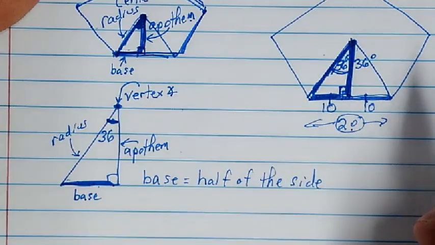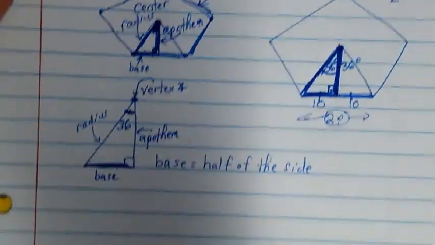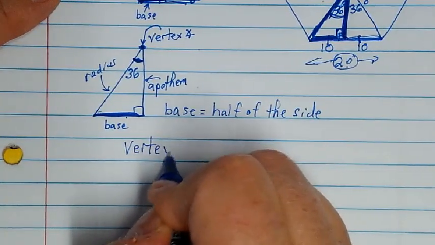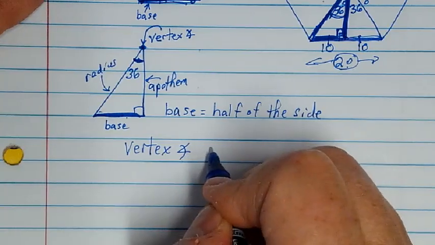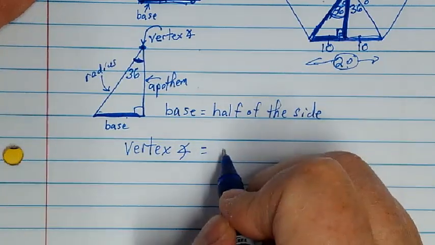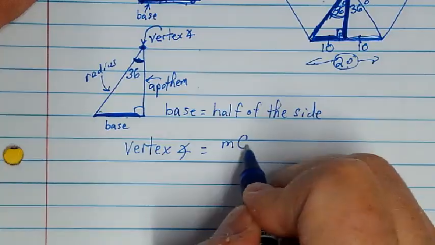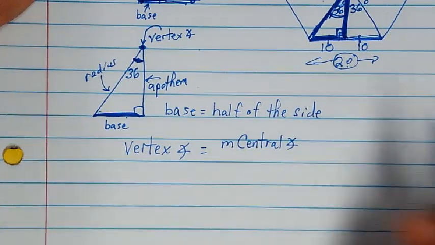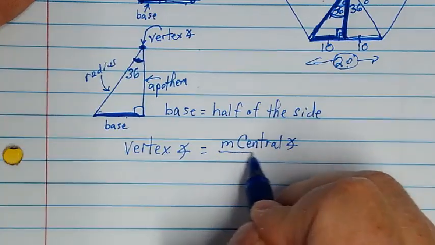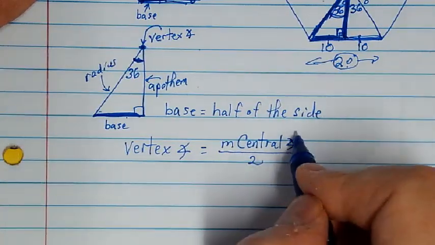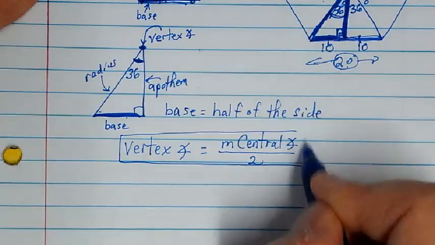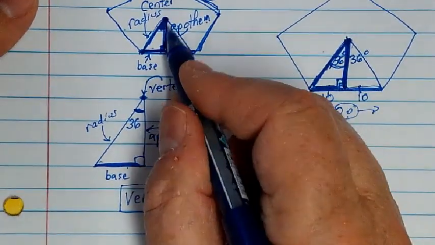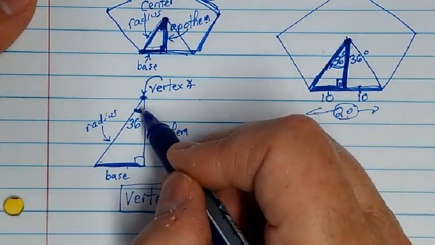So to sum this up, the vertex angle equals the measure of the central angle divided by 2. And if you don't remember what the vertex angle is, once you make your little right triangle, it's that top angle right here.